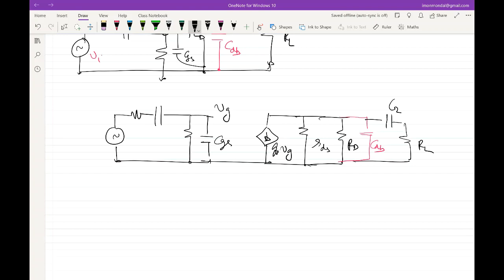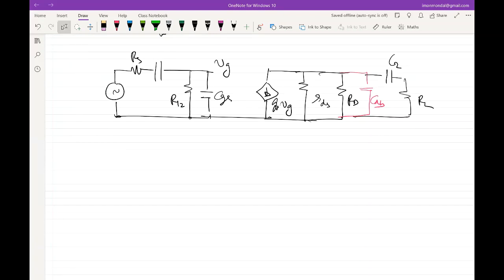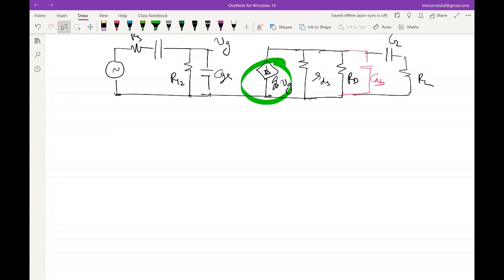So if we are operating in that mid-band section, and if we have sized RS and R12 appropriately, we know that GMVG is approximately equal to GMVI. So we don't have to bother about this guy. This guy is kind of frequency independent if we are operating between P1 and P2, where P1 and P2 were the frequencies that we determined 5 minutes back. So what we are particularly interested in now is this.